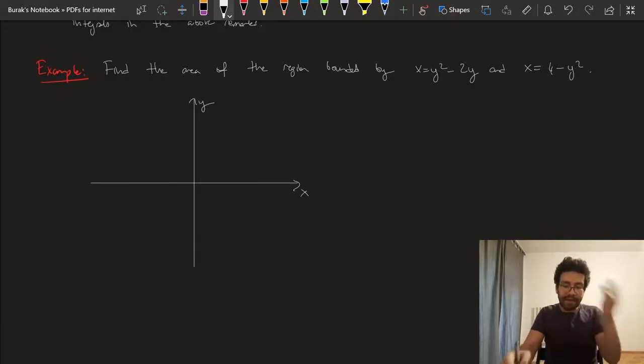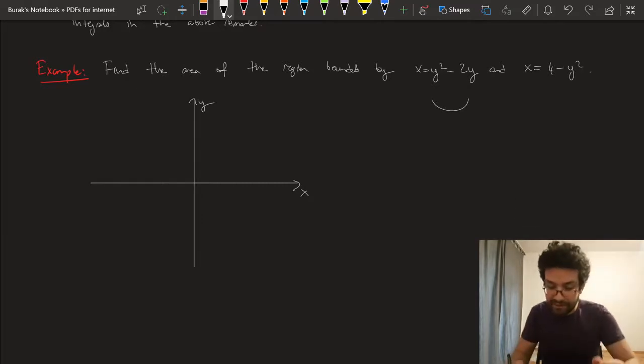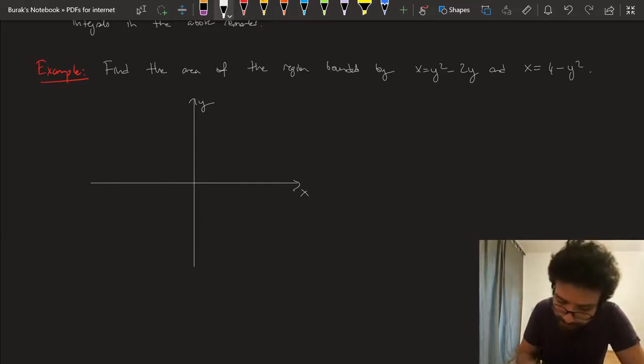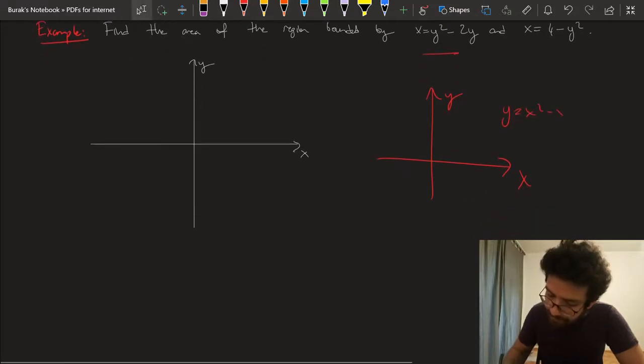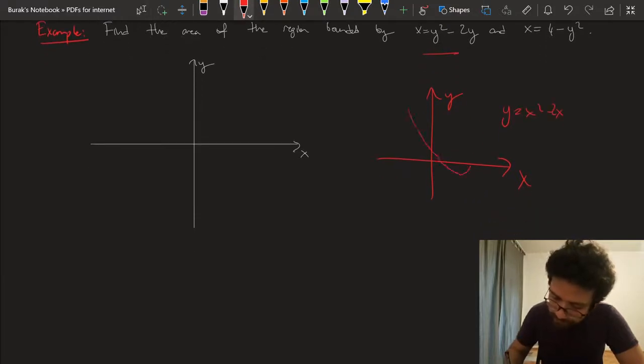But this is a function of y, whose graph will be a parabola if you pretend that the independent variable is y and the dependent variable is x. If you interchange roles of x and y, I would have this parabola.